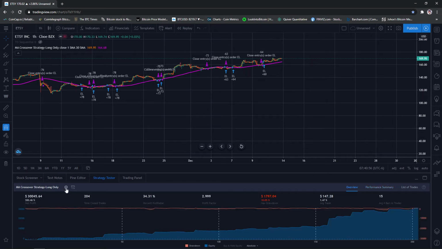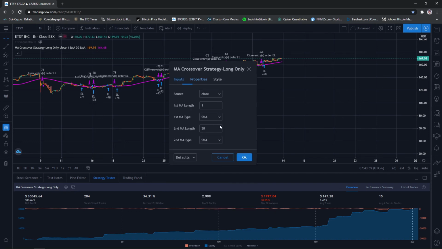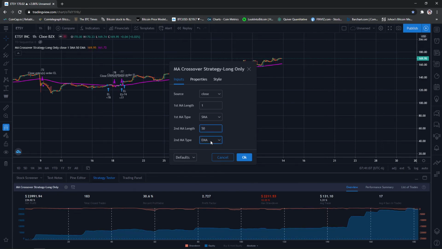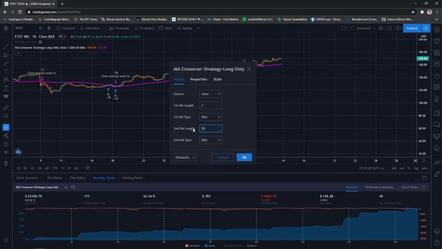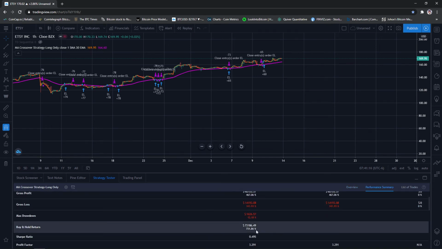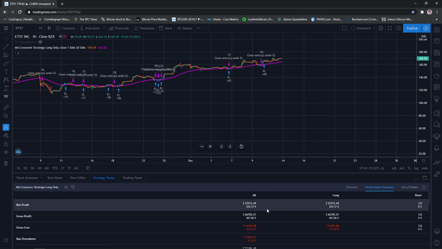And then we can fiddle with this. Let's change it to an exponential moving average. That would have warranted you even better. Let's do a 50. That's not as good. Huh. So the 30 actually was better. 30 exponential. Let's look at that again. Yeah, still would have warranted you better to just hold.